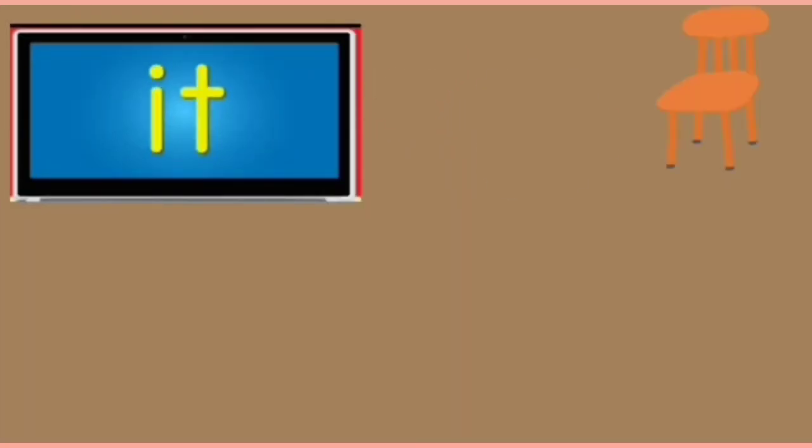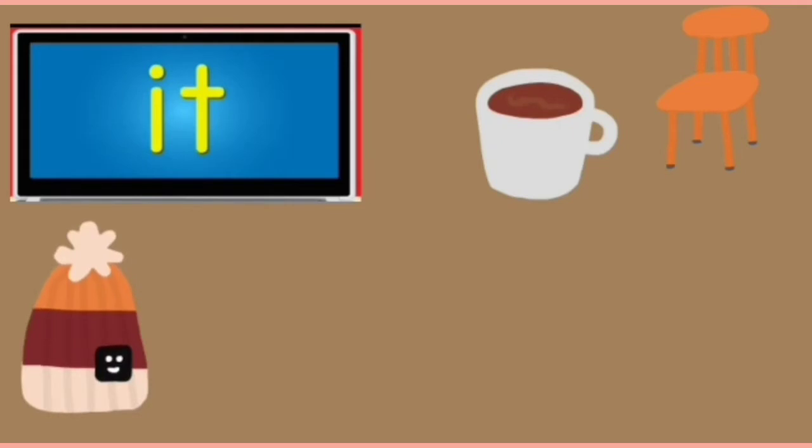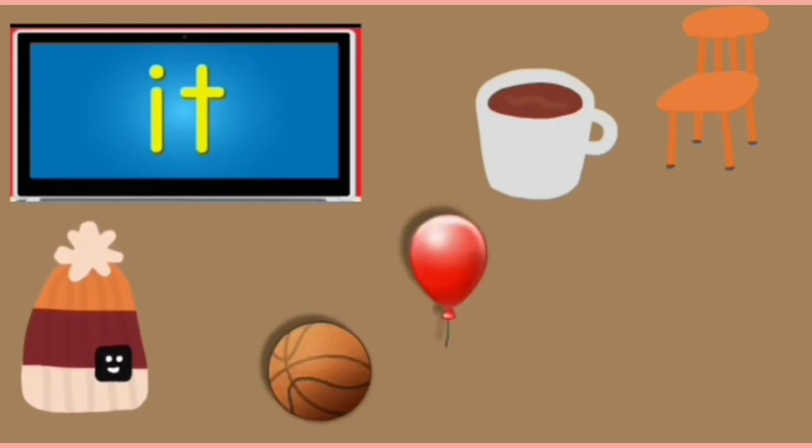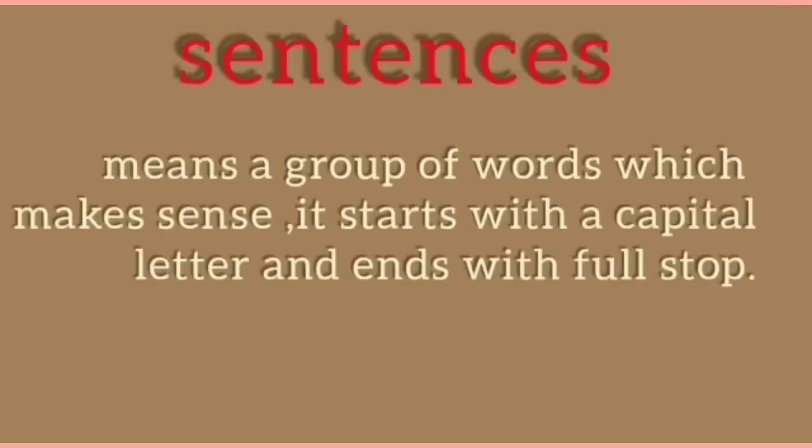"It" is a two-letter word and it tells us about different objects and non-living things. While "sentence" means a group of words which make a complete sense. It starts with a capital letter and ends with a full stop.